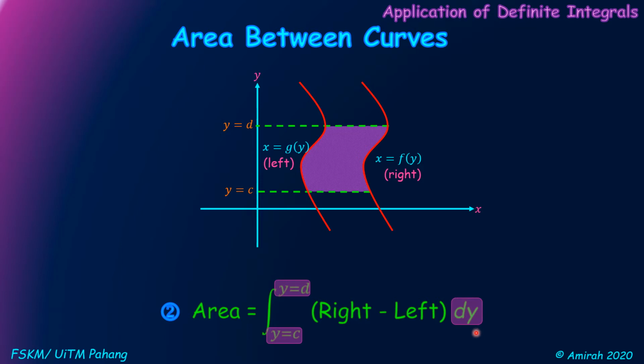And when we integrate with respect to y, we need to use limit on y-axis, right? And if we integrate with respect to y, right and left function must be in terms of variable y, right? And to write in terms of variable y, we need to write x as a subject, from here.